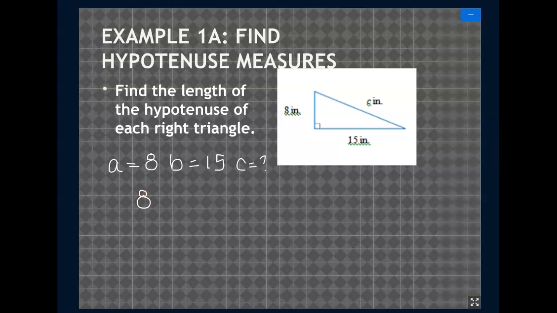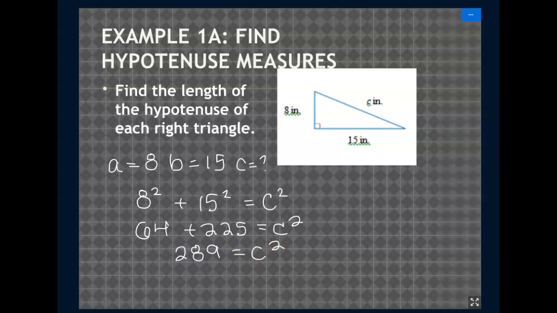So you have 8 squared plus 15 squared equals C squared. Probably by the end of this year, you will have all your squares memorized. So 8 squared, 64, 15 squared is 225, equal to C squared. When you add them together, you get 289.